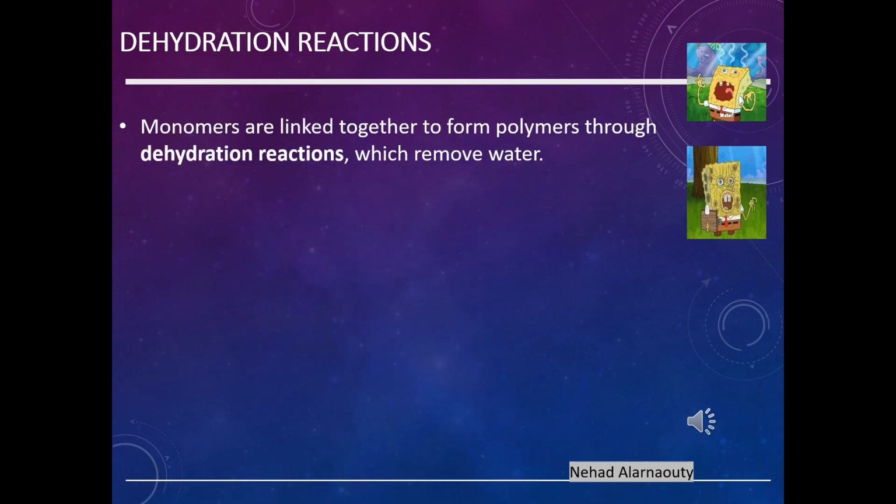I'm going to explain now how I can form a big polymer from small monomers. Just to remind you, a monomer is a repeated, identical small building unit bonded together to give a big polymer.